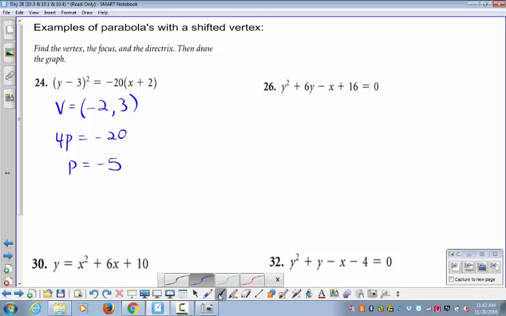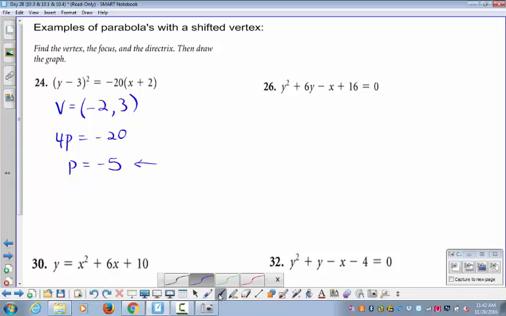And we have to decide: does it open down or left? If p is negative, it's going to open down or left. So opening left, everybody agree? It's kind of like x equals y squared, so we know it's horizontal.